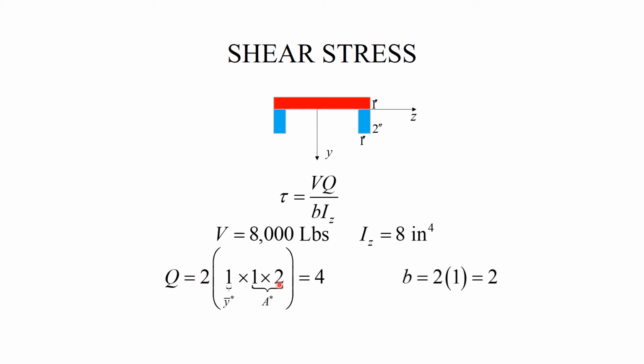If I look at B, I also have to multiply 1 by 2 because the combined width along this line is 2 inches. With this in mind, I proceed and calculate the maximum shear stress in the cross section, equal to 2 ksi.